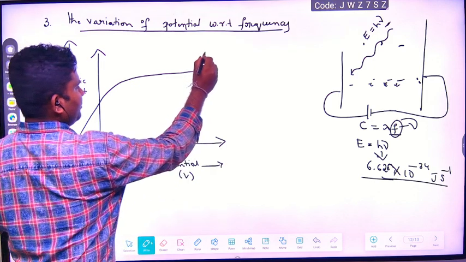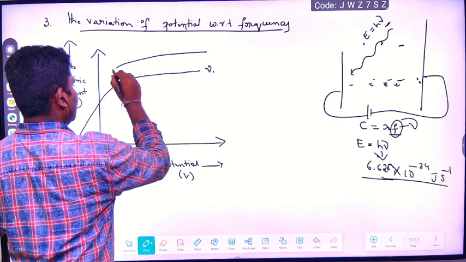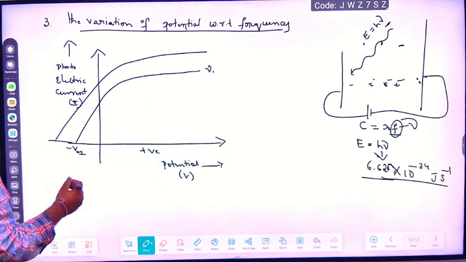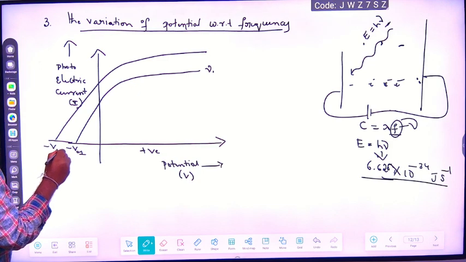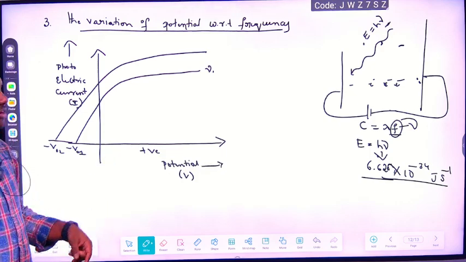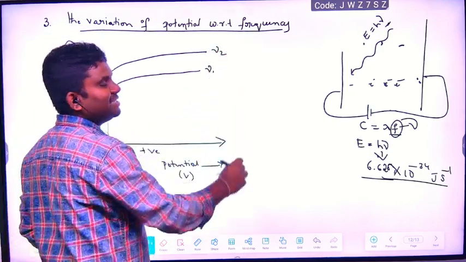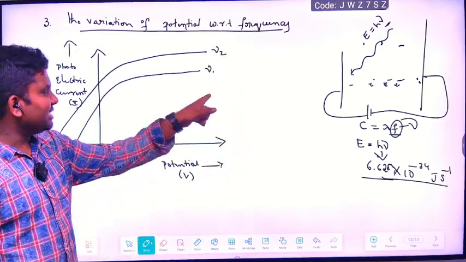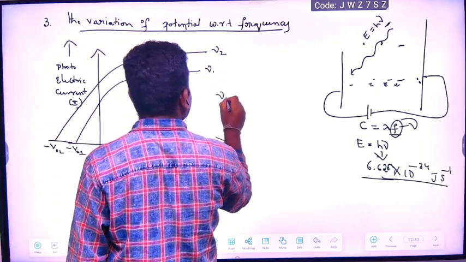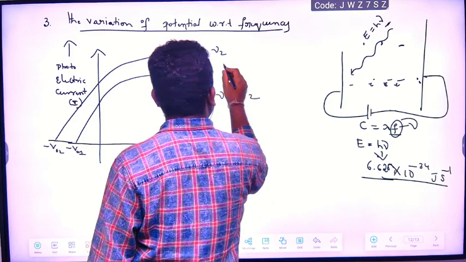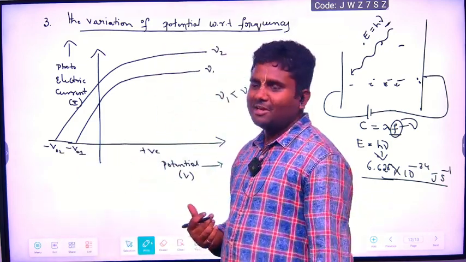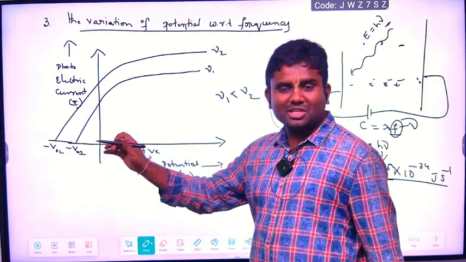Now if the frequency is different, then it is minus V02. Stopping potential increases when the frequency changes. See, frequency mu1 is less than mu2. Frequency mu2 is greater, which means stopping potential is also greater. Frequency mu1 is less, so stopping potential is less.